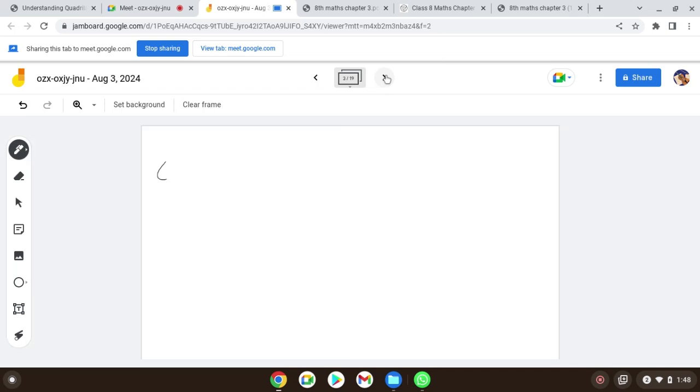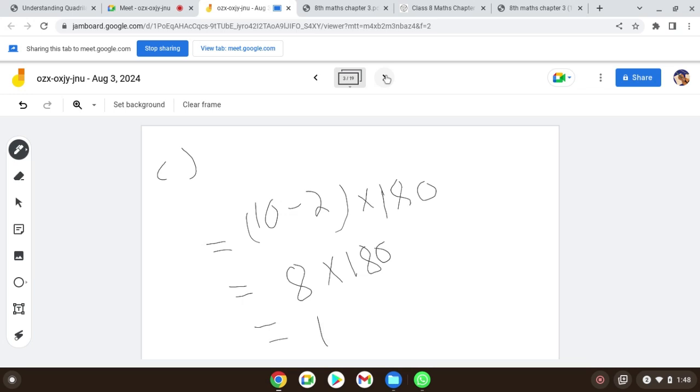Okay, you have to solve C and give me the answer. 1440. 10 minus 2 multiplied by 180, then 8 multiplied by 180. 1440.